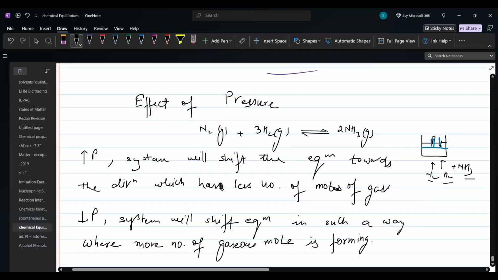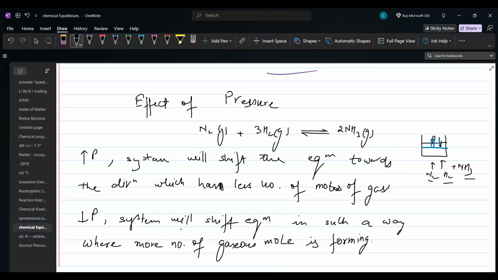Are you getting this? When we are decreasing the pressure, the equilibrium will shift in such a way that more and more gaseous moles are forming, so that when more gaseous moles form, the system pressure will again start increasing. Got it? Yes. Every equilibrium will resist the change.